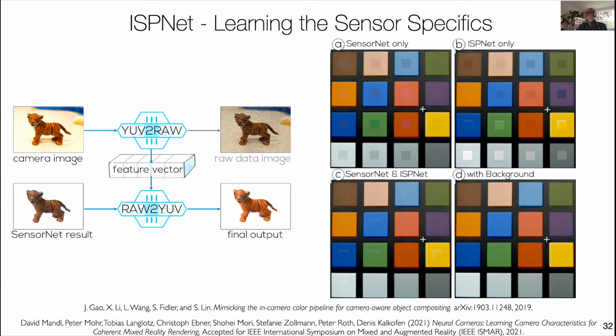On the right-hand side, you see some results. As soon as you combine SensorNet and ISPNet, so we learn the sensor as well as the raw conversion, we receive very good results that are almost indistinguishable. There are small corners which we can correct.